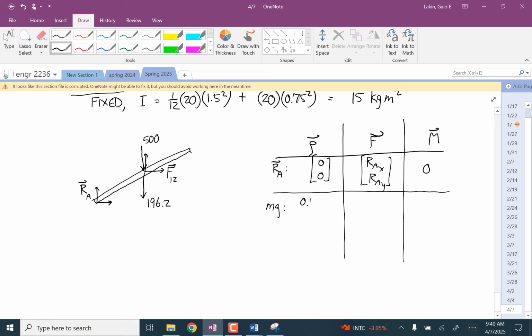So that's 0.575 and 0.482. And the weight force is 0, negative 196.2.